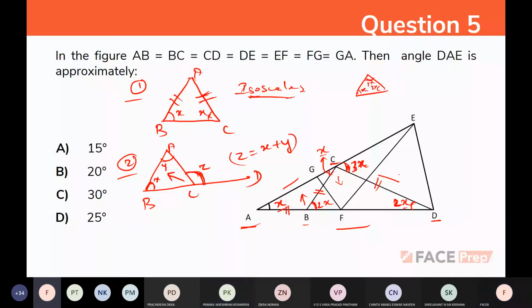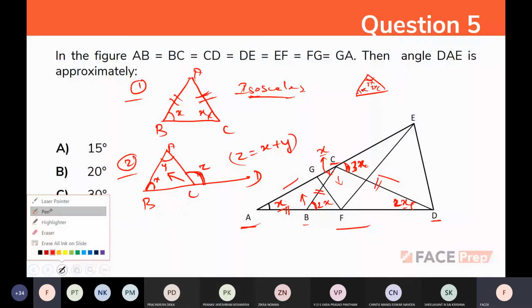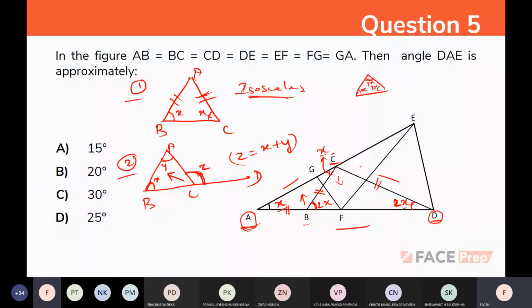We are taking this triangle ADC, this big triangle, to find this angle, the angle C. So what we usually do, by following the second rule, we add these two opposite angles, the corner angles.